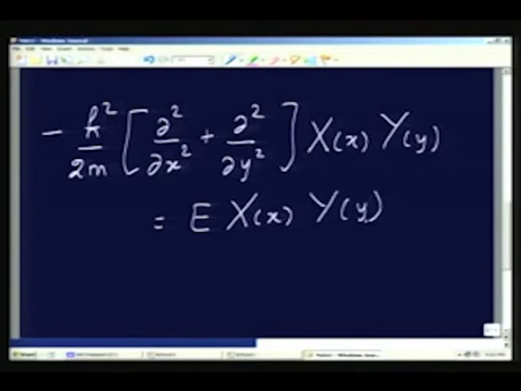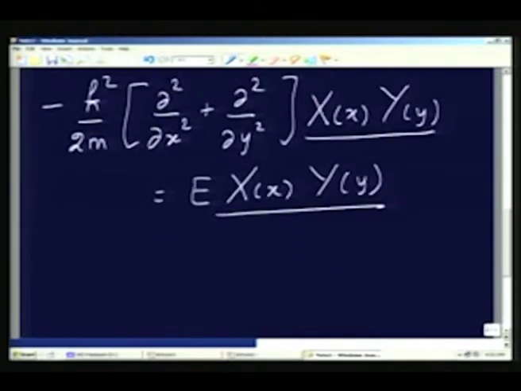This is a proposal for the wave function, that we assume that the wave function psi is expressed as a product of two one-variable functions. If we do that, what are the consequences? This is a partial derivative. The partial derivative on x of course does not change the function Y. The partial derivative on y does not change the function of x.